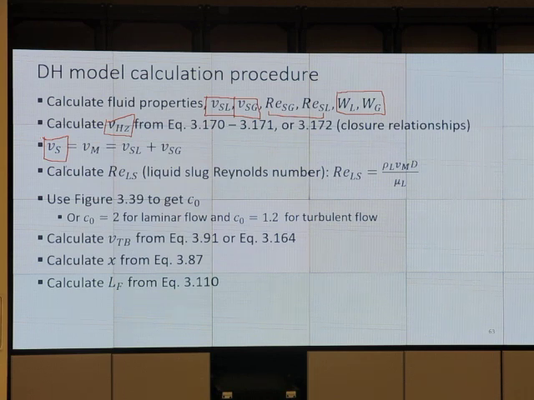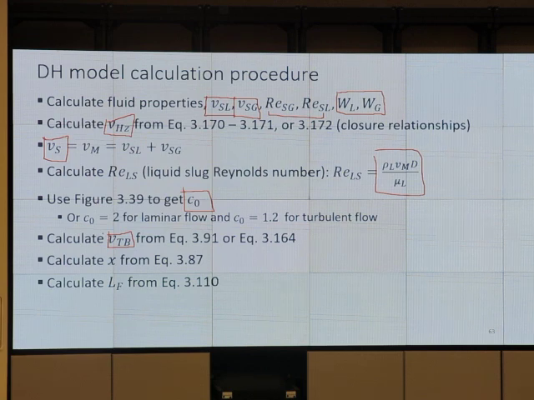Then we calculate the Reynolds number based on the liquid slug with that formula, and get C0. C0 basically is 2 for laminar flow, 1.2 for turbulent flow, right? And we have the V_TB calculation.